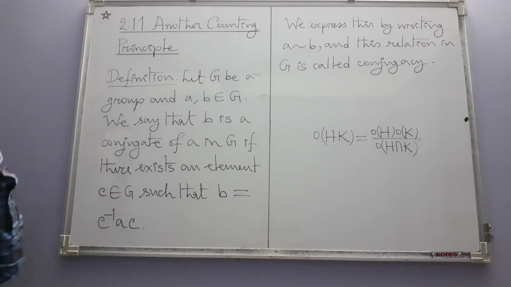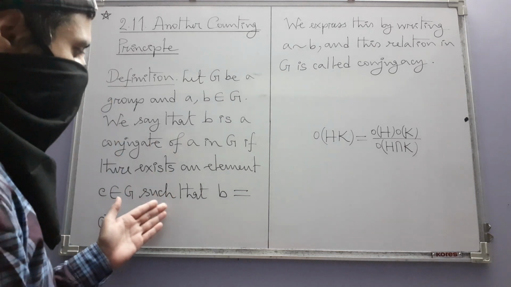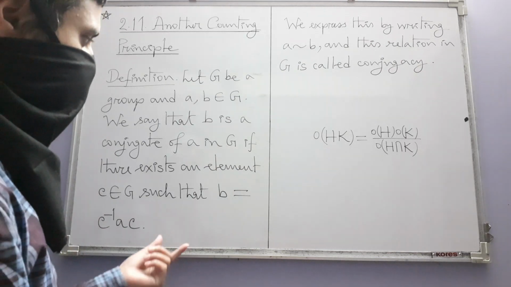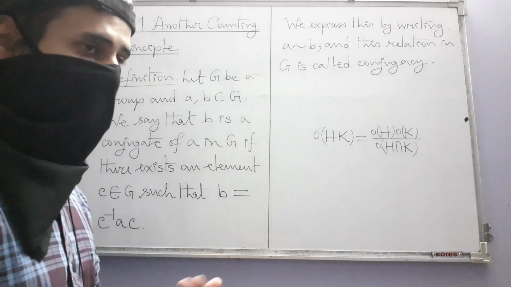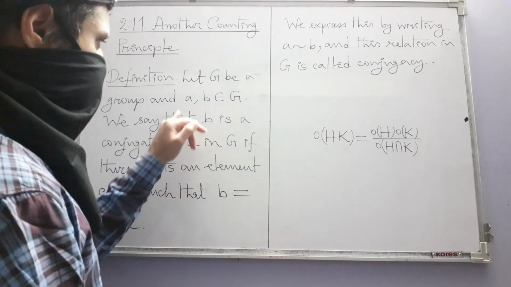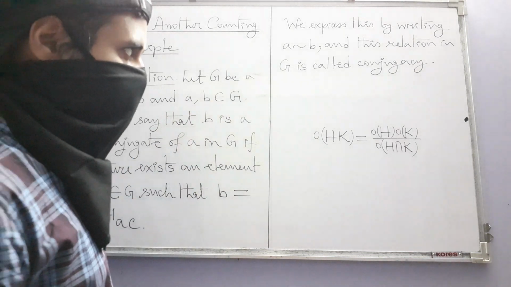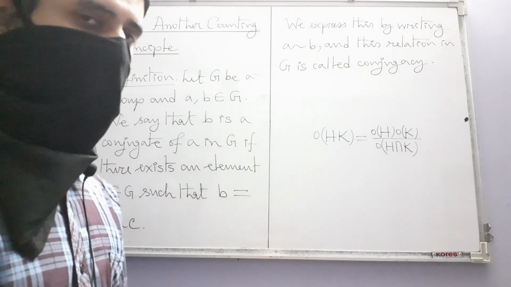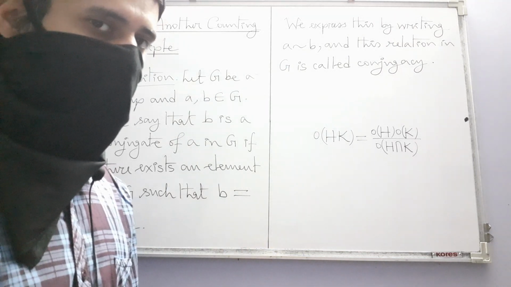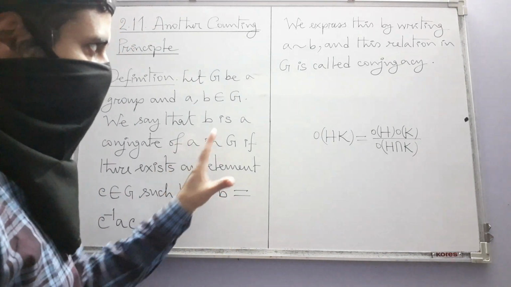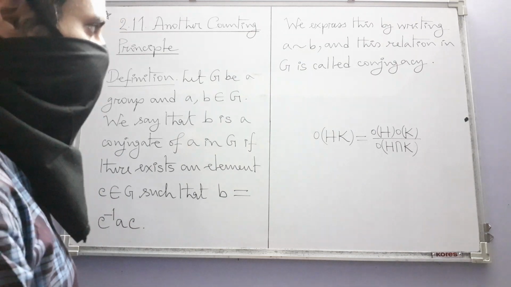You can clearly see that this is a binary relation in G, and that means it relates two elements of G. For any given pair of elements, one of them may be a conjugate of the other, or may not be, but the relation is a binary relation, so it's a relation defined on G.